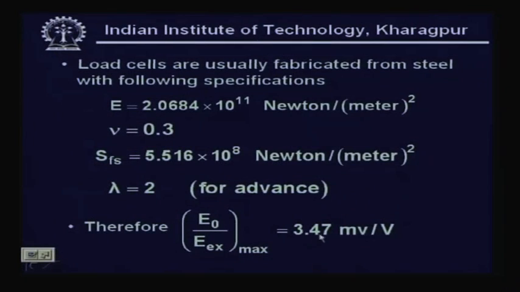If the strain gauge is made of advance, so the gauge factor will be 2. So, we have taken lambda equal to 2. In that situation, you will find that E naught by E x maximum is equal to 3.47 millivolt per volt, right. So, this is our expression.